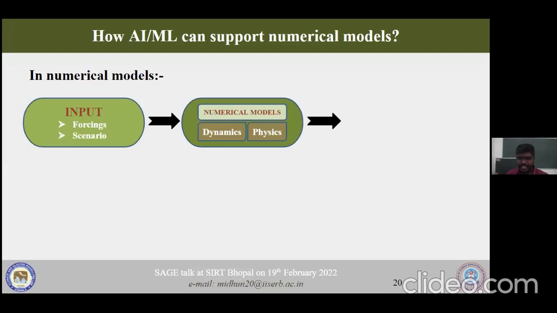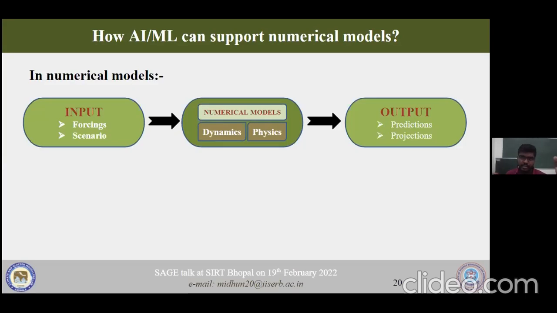That will generate some output in terms of prediction. If it is a weather model or a short-term model, it will be predictions or forecasts. If it is a climate model, it is basically projections. We can't say projections will happen in the future.